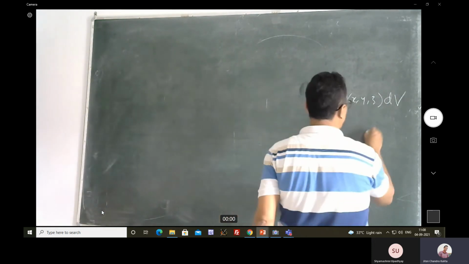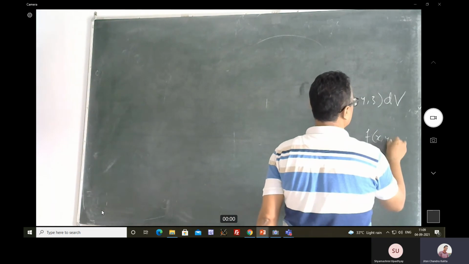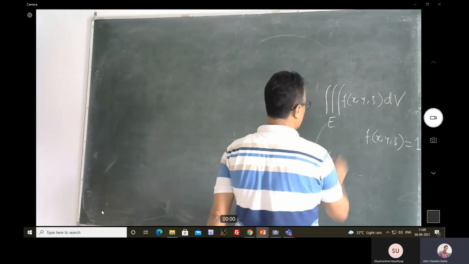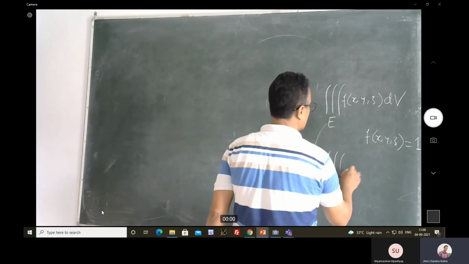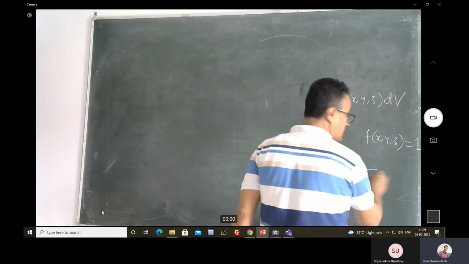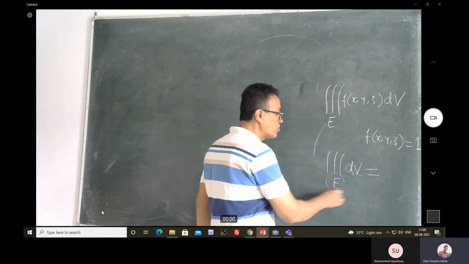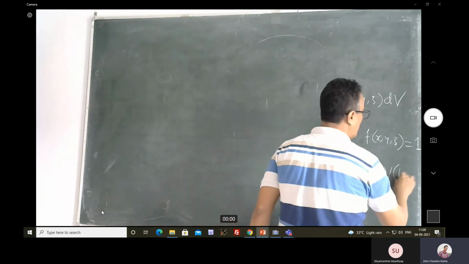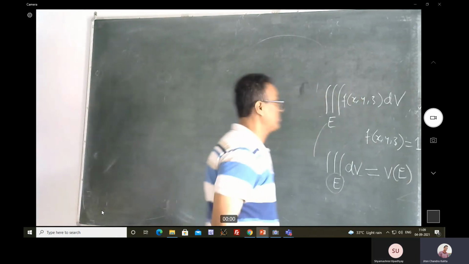One thing I forgot to mention is that if this is a constant function 1, then it will become simply this, and this simply represents the volume of the region E. So this is simply the volume of E. That you have to remember.